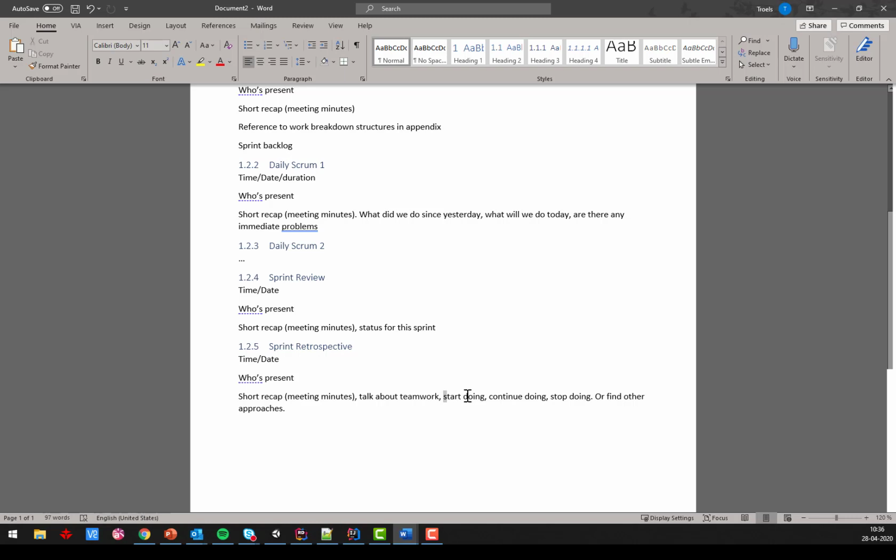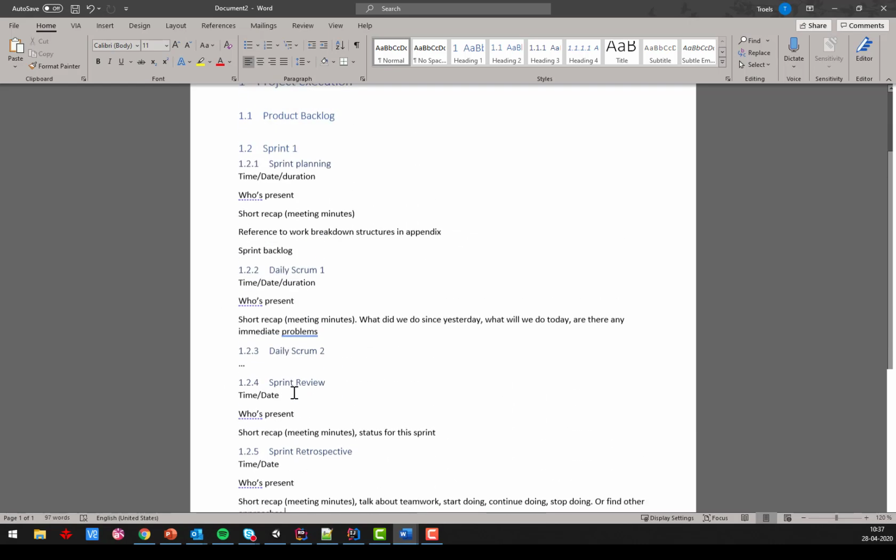I think they found something on Google on how to do a retrospective meeting, and they had some points each time that they should discuss, and it would look at the teamwork from various angles. So there are different approaches. I think this is what Scrum officially says, but there are alternatives. Right, so this is what I want you to do.